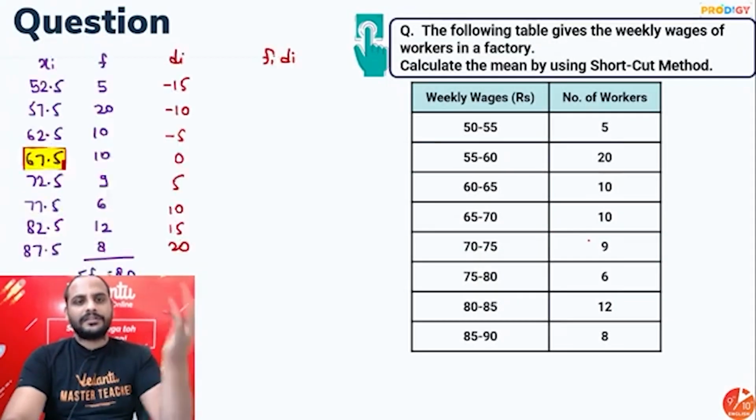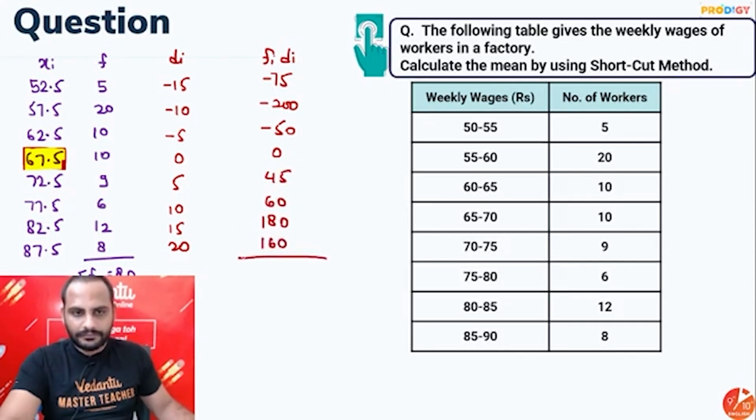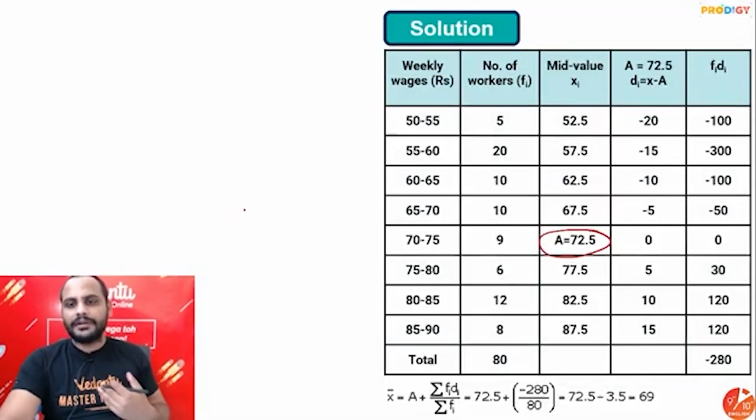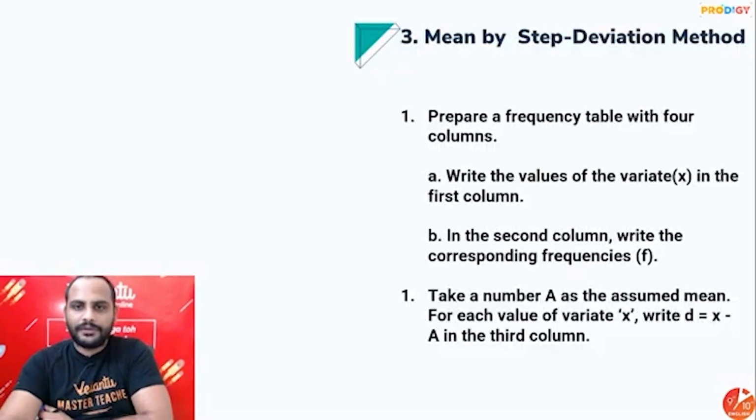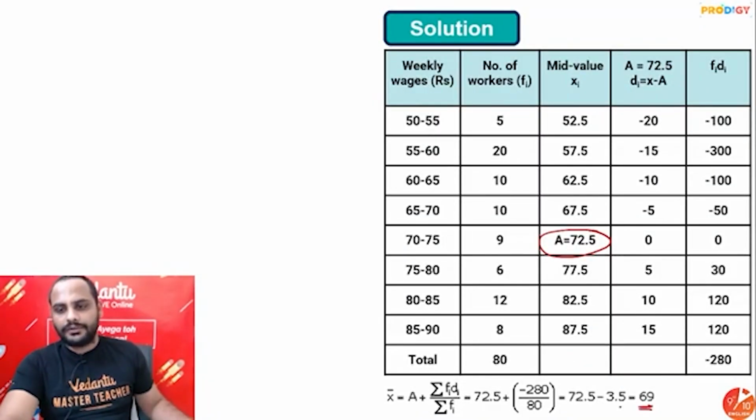I have assumed 67.5, but do all this, okay? Which is minus 75 here, minus 200, minus 50, 0, 45, 60, 12 into 15 is 180 and this is 160. Add all of them and use the formula a plus summation of fi di divided by summation of fi, you will get the same answer. Answer will be 69 only.